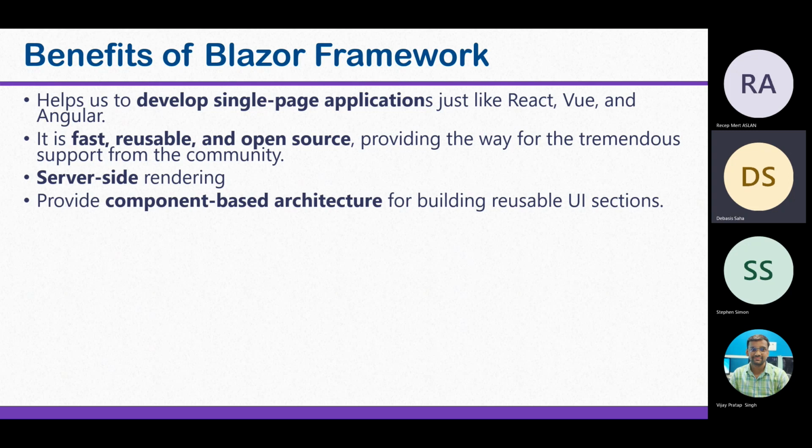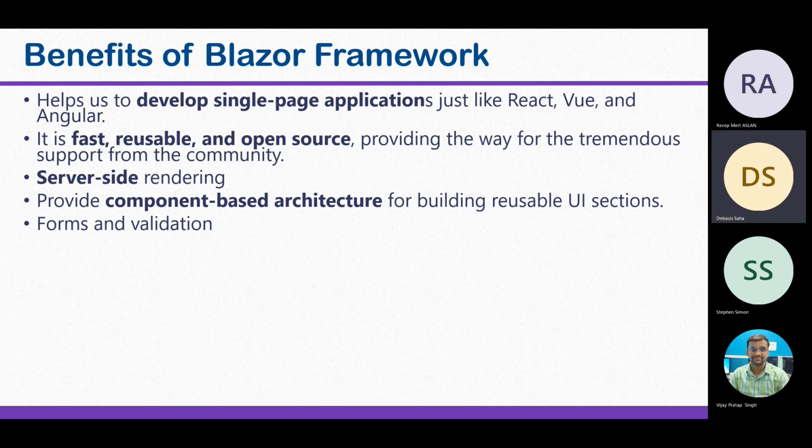For any client-side framework like Angular, React, or Vue, component-based architecture is currently one of the best architectures to follow to develop SPA-based applications with reusable components, so that the same component or part can be used in multiple web pages or web sections. The same concept is also applied in the Blazor framework.